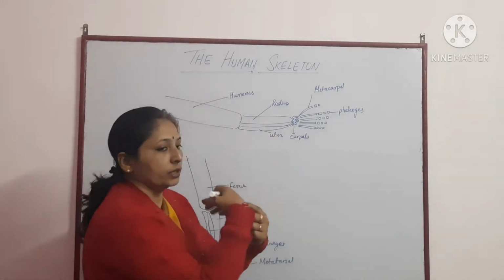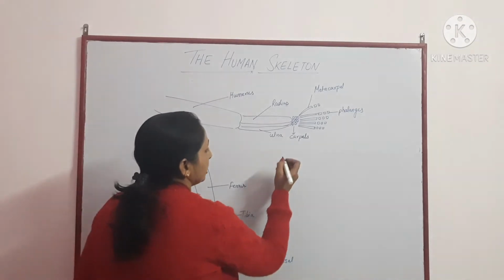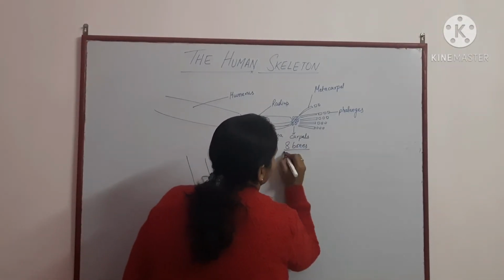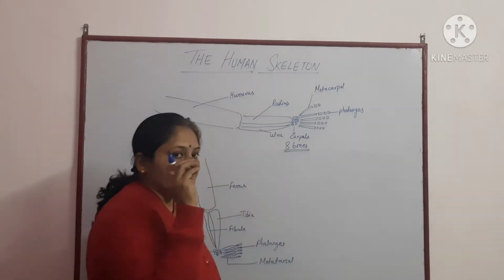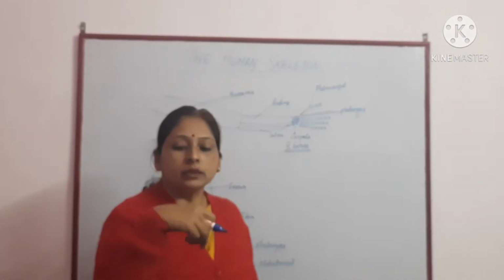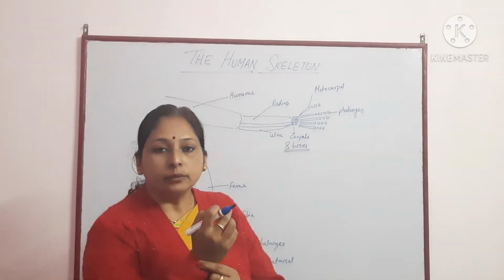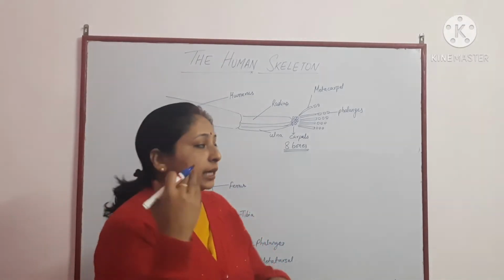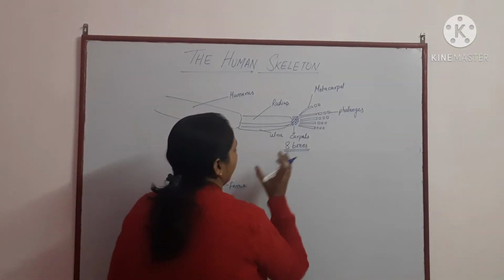This wrist part contains a total of 8 bones in the carpal. Box-like short bones, and these bones show the gliding movement. They slide over one another. So this gliding movement is shown by the carpals.